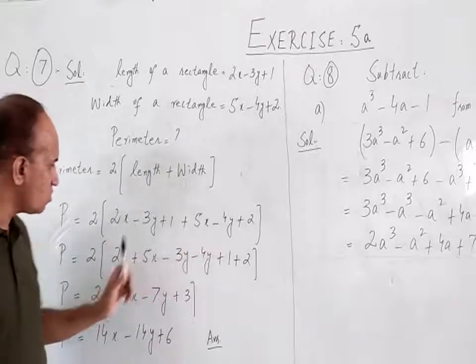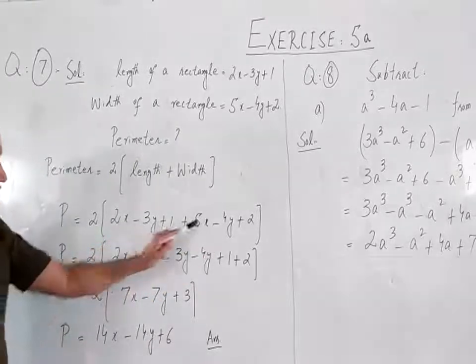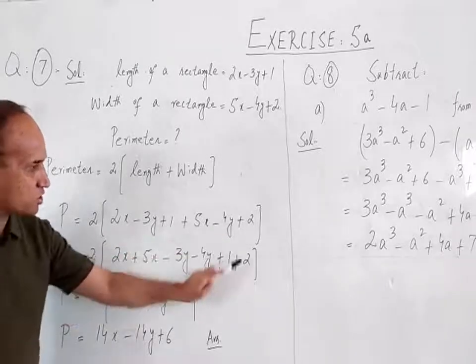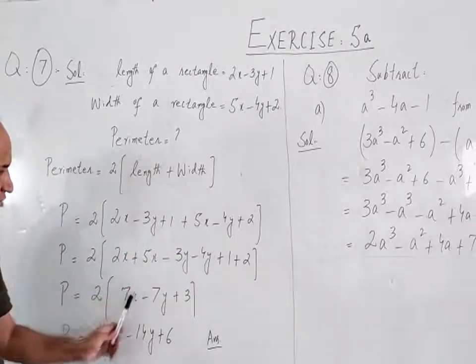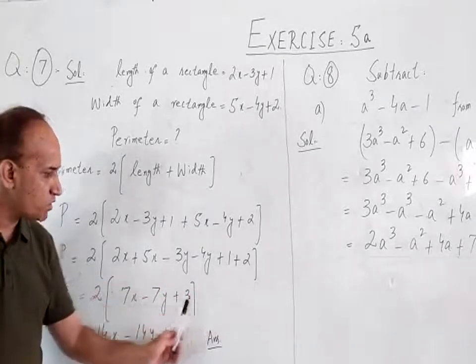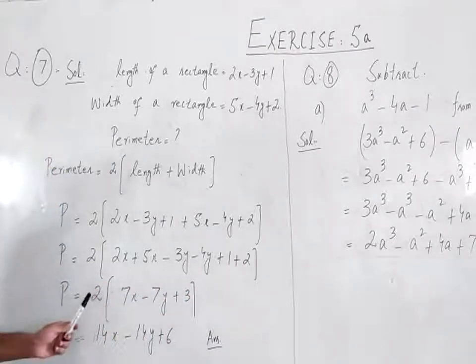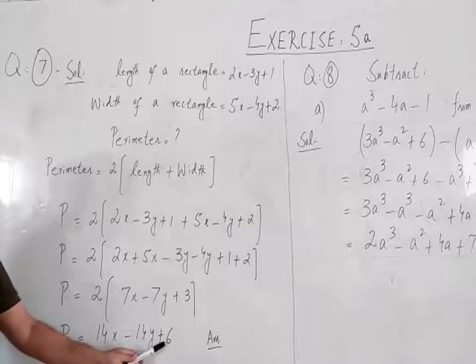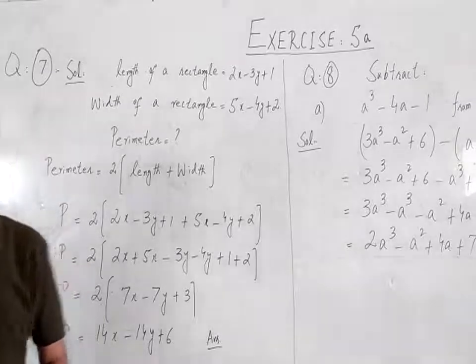We add these two: 2x plus 5x minus 3y minus 4y plus 1 plus 2. 2x plus 5x, 7x, minus 3 minus 4, minus 7y, 1 plus 2, 3. And then we multiply all of this polynomial with 2, 14x minus 14y plus 6, which is the answer.